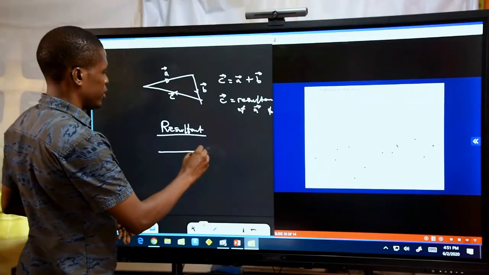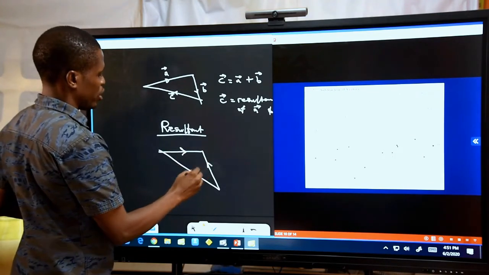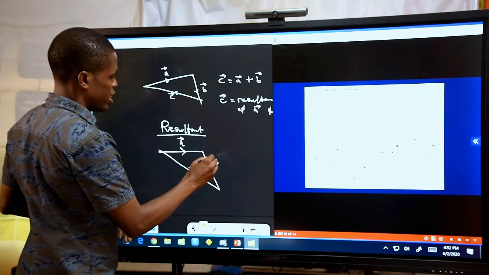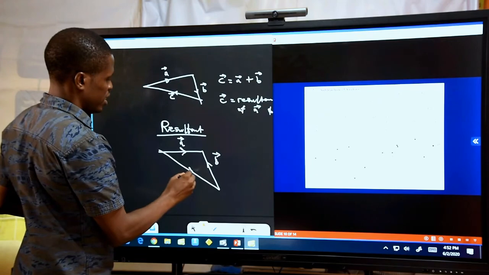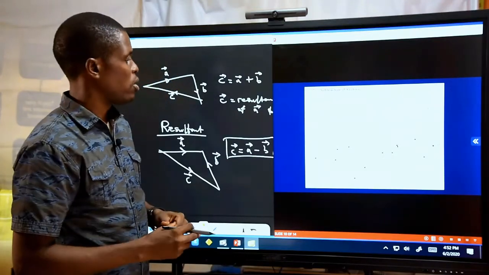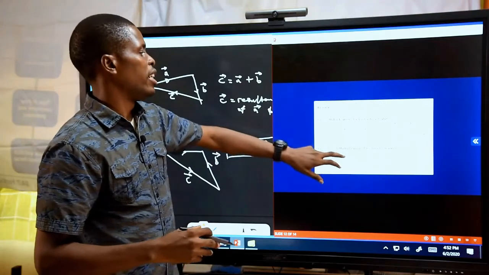Let's say this one is A, and this one is B, and I want to find C. Since this is acting in opposite direction, we have C equal to vector A subtract vector B. With that, you can get vector C as a resultant of vector A and B, using the subtraction of vector concept. So that is vector addition and subtraction.